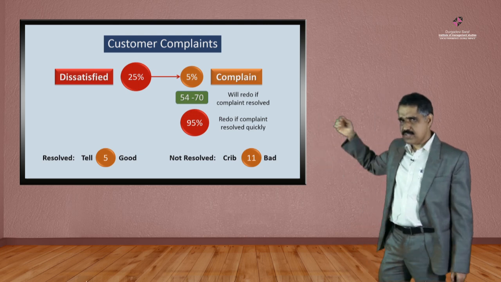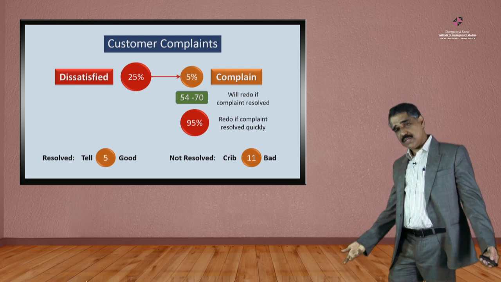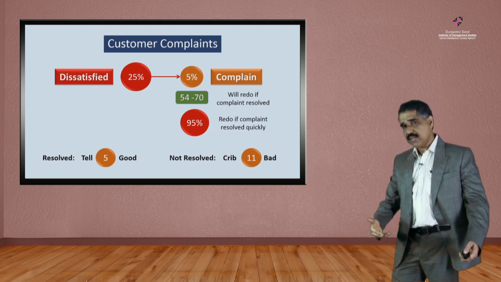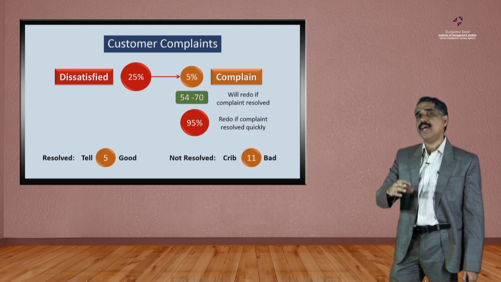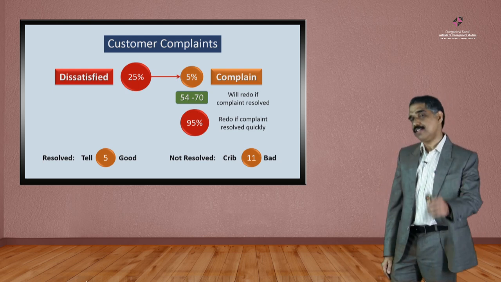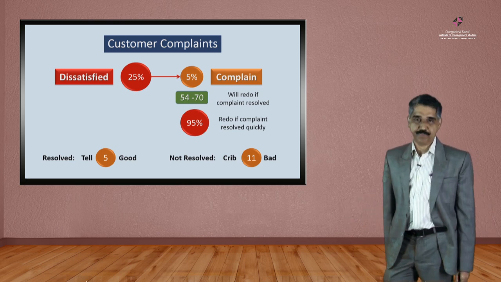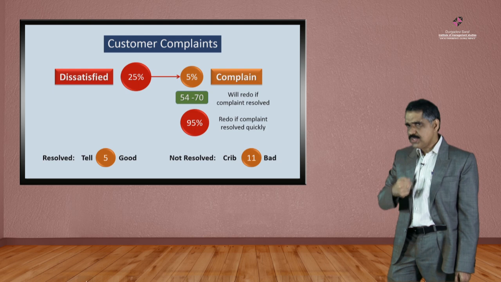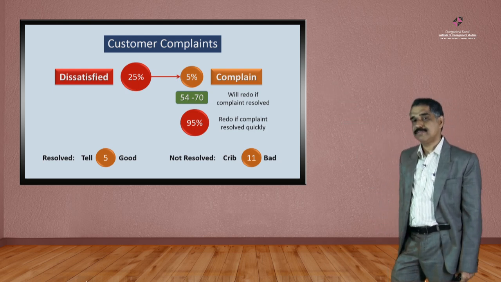Take an instance where you sell to 100 customers, and 25 of them are unhappy or dissatisfied. Is it good? Certainly it is not good. Assume that this happened for some reason. Now, the research says only 5% of them complain.